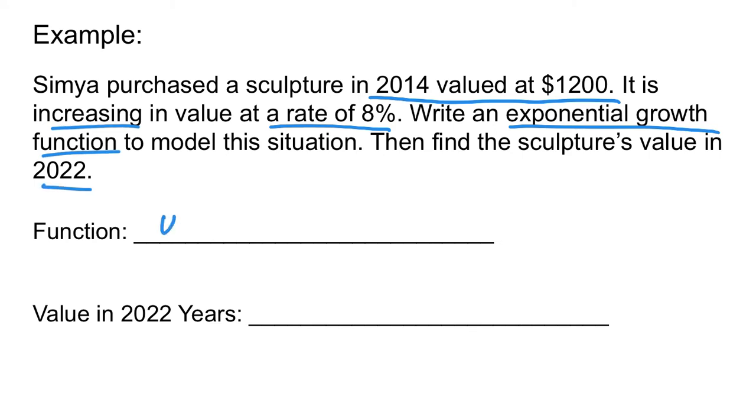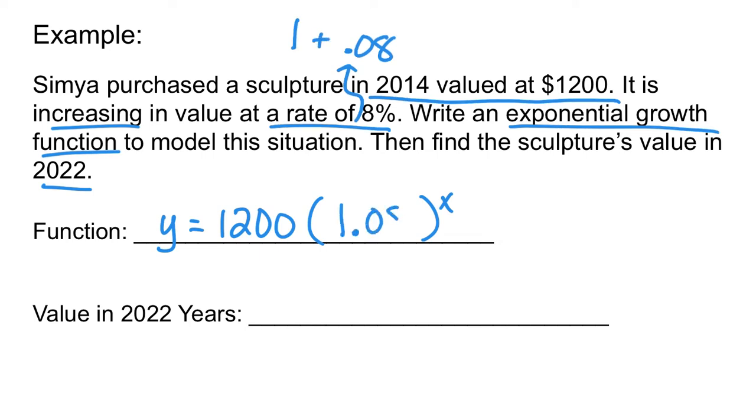So again, our function is going to start with our starting amount, and then show our percentage, our growth factor. If it's increasing at 8%, that's 0.08. Again, we divide that by 100 or we move the decimal twice. Since it's increasing, 1 plus that, that's going to be my function.